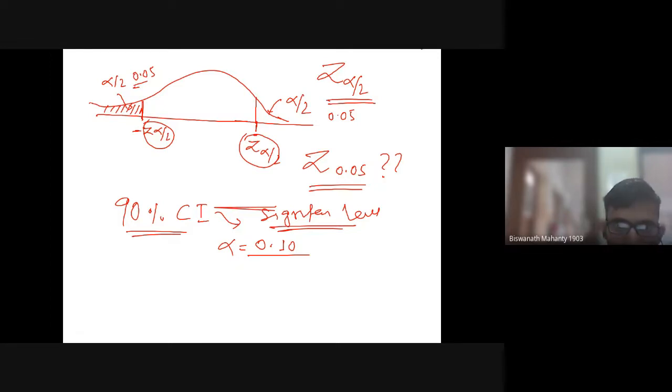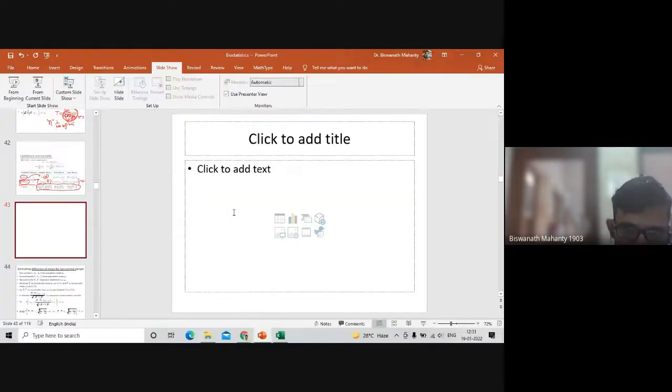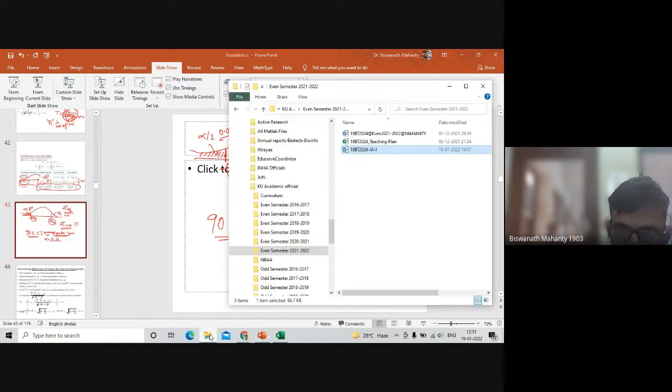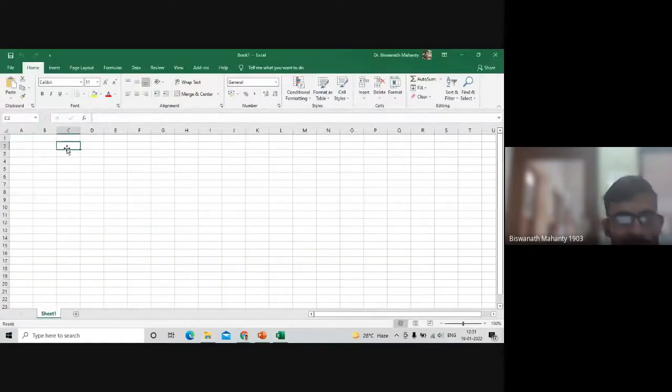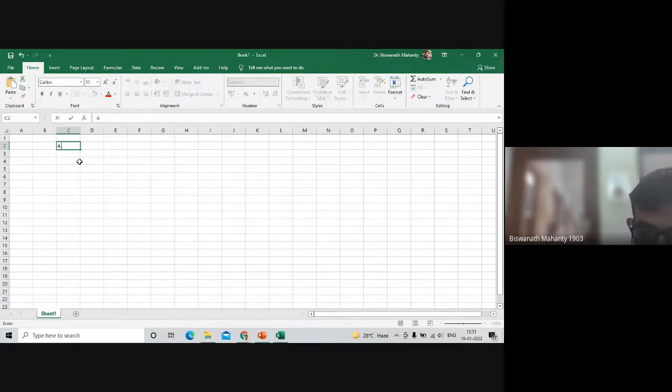I will come to that point right now, because I know the formula and I have to solve at least one problem, otherwise the whole exercise is useless. Let's come to the problem. For example, I am measuring the effect of some fertilizer on plant growth. So I'm measuring the increase in root length or shoot length.